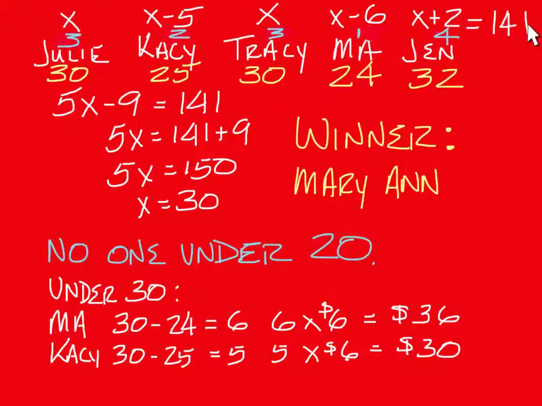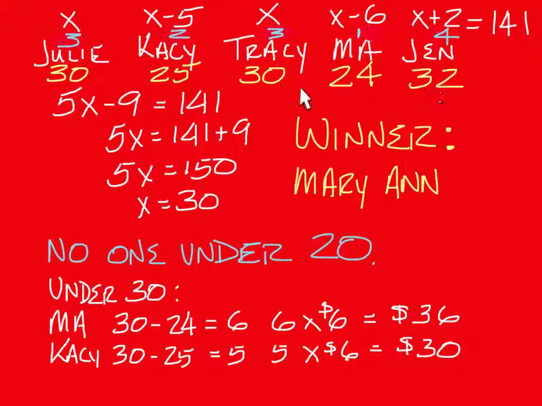Set it equal to 141 after you add them up. 5 X's, negative 5, negative 6 is negative 11, plus 2 is negative 9. Solve this equation to get 30. And then go back and figure out what each one had. So Julie would be 30, Casey 25, Tracy 30, Marianne 24, and Jennifer 32.